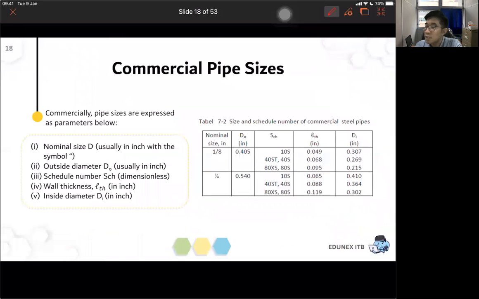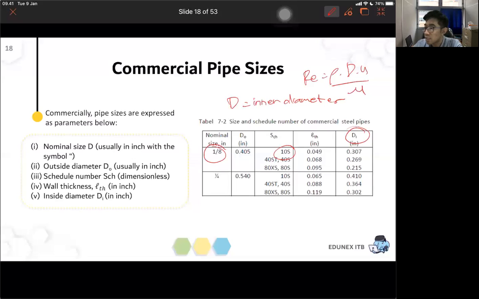Okay, and please remember again, in calculating the Reynolds number, the diameter will be the inner diameter. So if the data is only the nominal size and the schedule number, you need to check from the textbook or the data what the value of the inner diameter is.